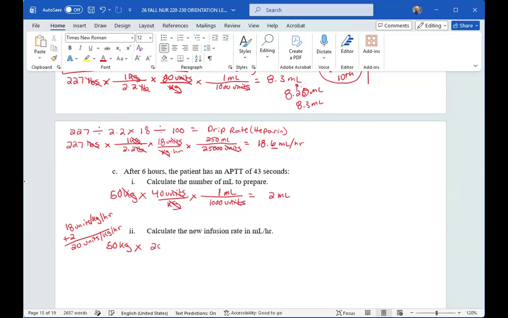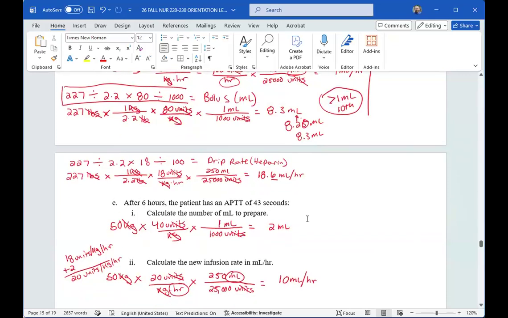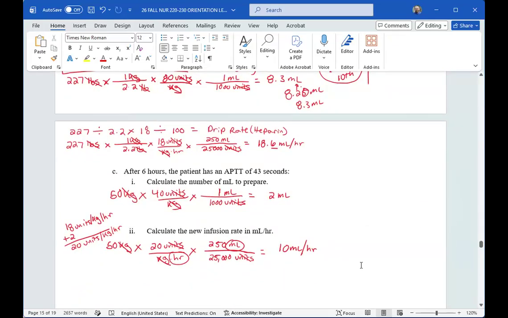So 50 times 20, times that 250 ml, 25,000 units, because we always use what we have in the IV for our infusion rate. And then we make sure we cross things out. I'm left with ml per hour. And I think this comes out to 10 ml per hour, right? Because the original was 9. Yeah, it's an even 10 ml per hour.